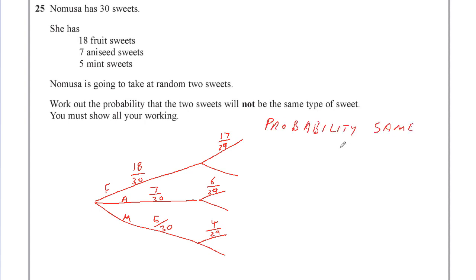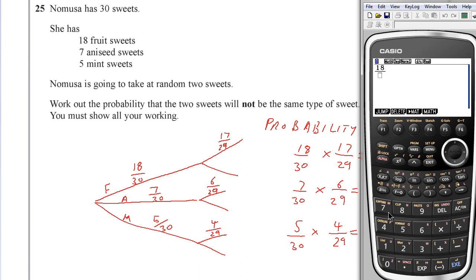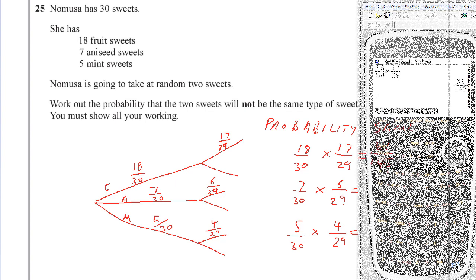What I'm going to do is work out the probability that the two will be the same, and then take all of that from 1. I think that's the easier way of going about it. So this one's going to be 18 over 30 times 17 over 29. Now I need the calculator. 18 over 30 times 17 over 29, 51 over 145.